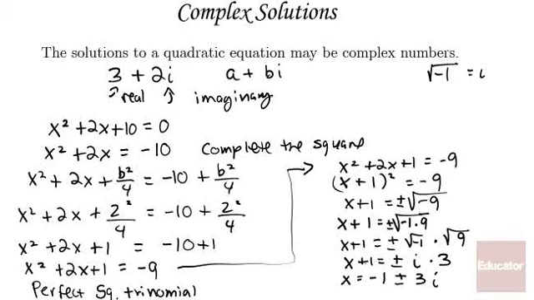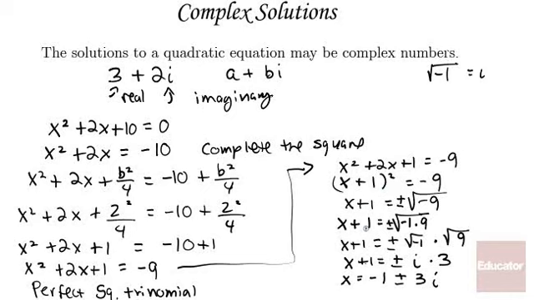All right, so here we saw a situation where the solution to a quadratic equation is a complex number. And the reason is you're taking the square roots. When you're taking the square roots, if you end up with a negative number and you take the square root of that, you're going to get an imaginary number. So here I got all the way down by my usual method, completing the square, then taking the square root of both sides, and I ended up with this.